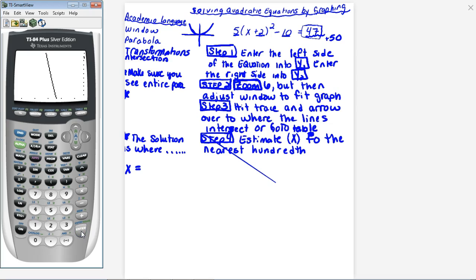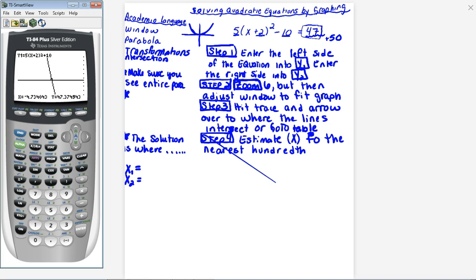Now remember, you can always do second calc and find the intersection if you remember how to do that. And I think we had that in your notes somewhere. There, okay, there we go. So we're going to say about negative 4.73. So x1 and x2 equals, and I need you to put down negative 4.73 so I can check and make sure that you got the correct answers.